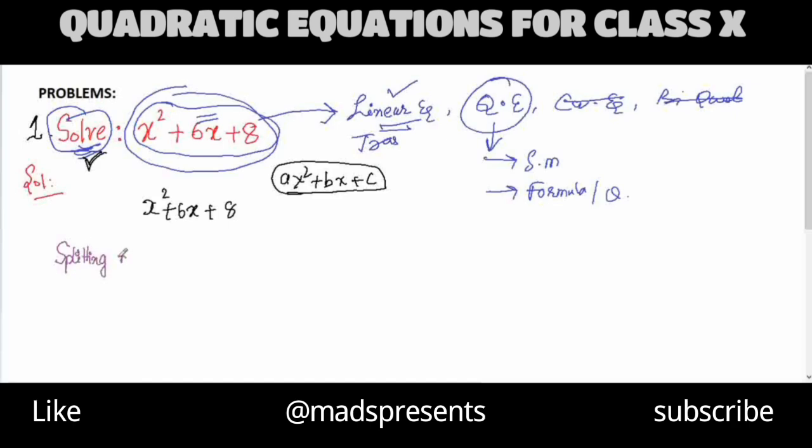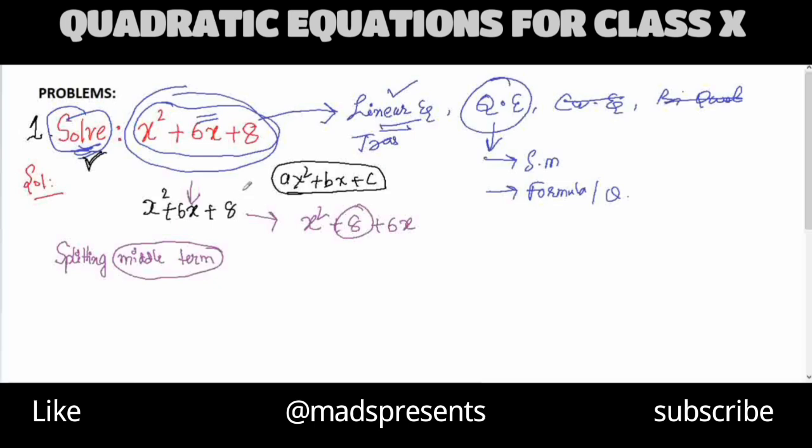Now what method are we choosing to solve this equation? That is splitting the middle term. What is splitting the middle term? The keyword is middle term. In the given question, what is the middle term? The middle term is clearly 6x.